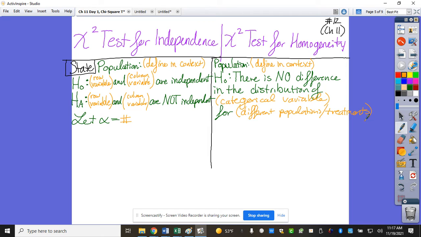There's no difference in the distribution of types of shoes worn for, it depends on how many weathers I added in here, but in general, it'll be 4 different weather conditions. Or if we just did sunny versus rainy, there's no difference in the distribution of types of shoes worn for rainy days versus sunny days. So what's going to change, do you think, for alternative? There is a difference. Everything else is written the same.